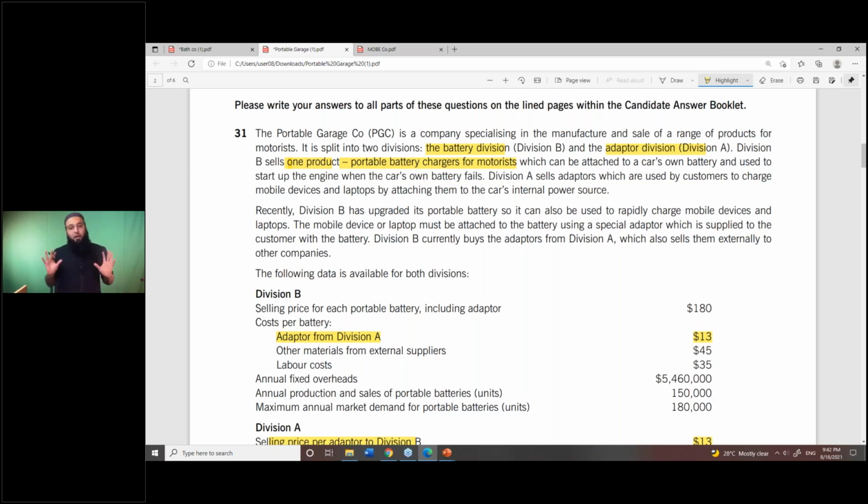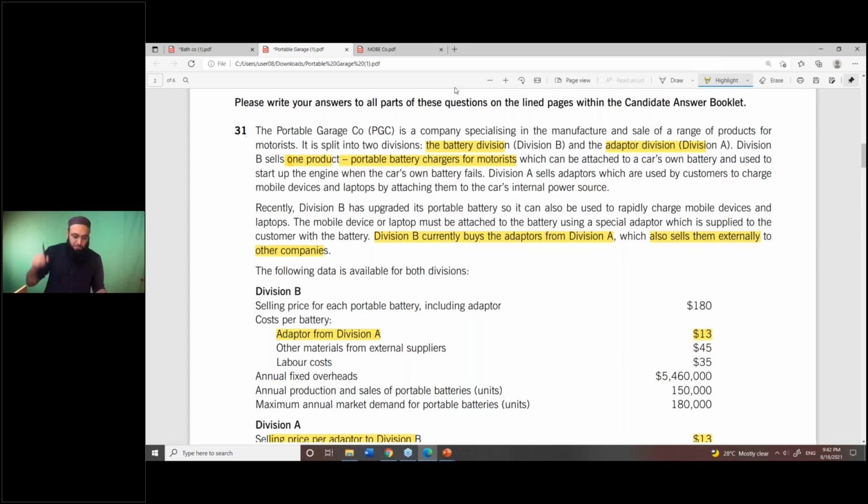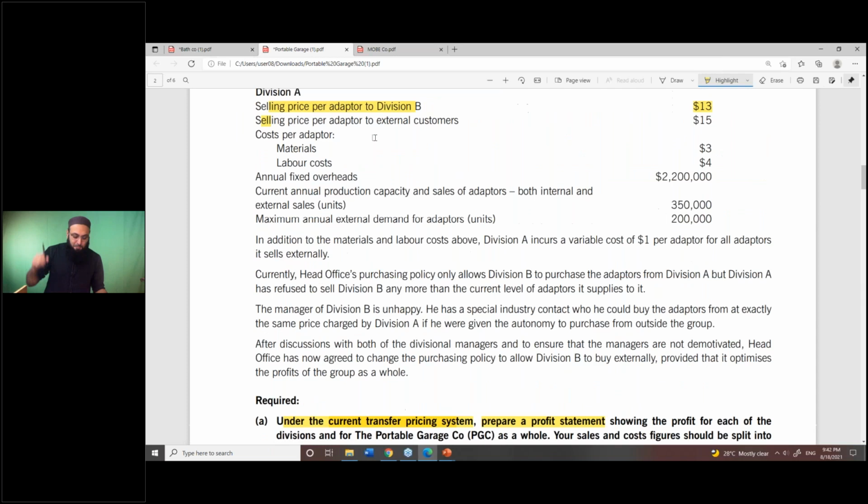What I want to find is who is the seller and the buyer. Division B currently buys the adapter from Division A, which also sells them externally to other companies, which means the current policy has made it very much clear. Let me read this again here. Currently, head office purchasing policy only allows B to purchase adapters from A. Here is the current policy.